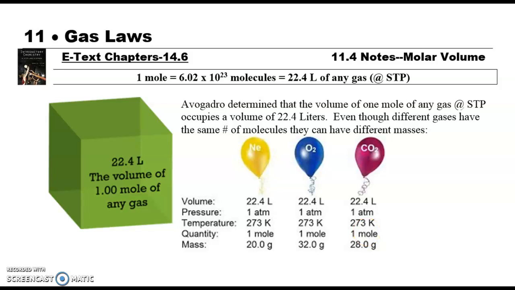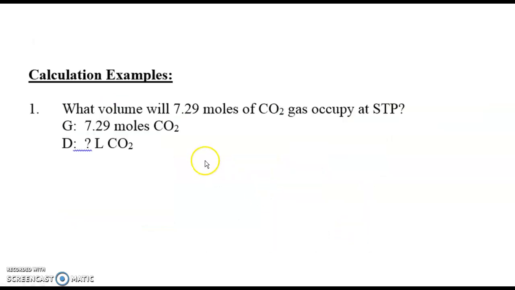So let's start with an example problem. The example problem we have, number 1 here, and all these things are on your notes as you're taking notes, hopefully. You will see here that it's: what volume will 7.29 moles of CO2 gas occupy at STP? So you've been given 7.29 moles of carbon dioxide. Which unit multiplier should you use to determine this?